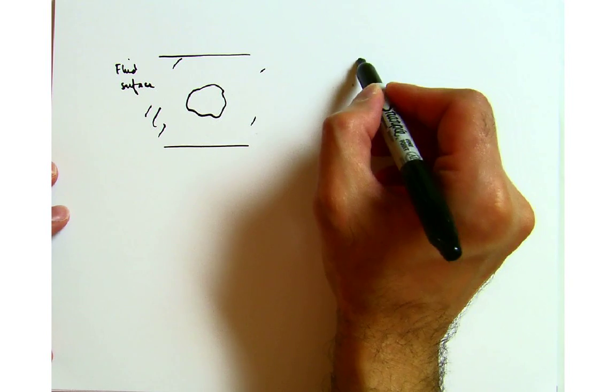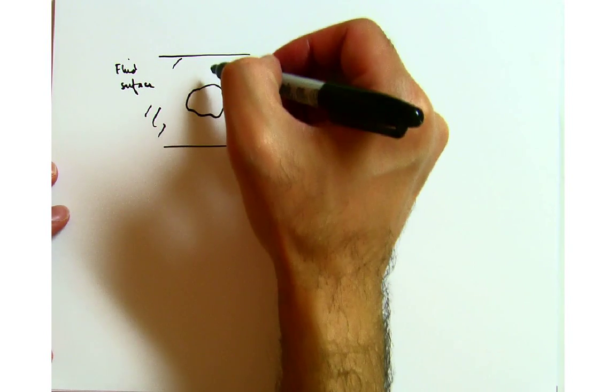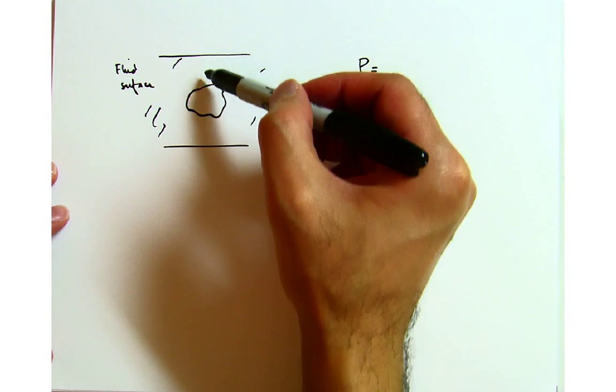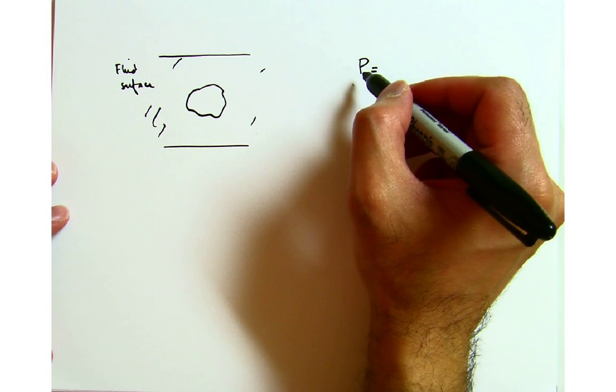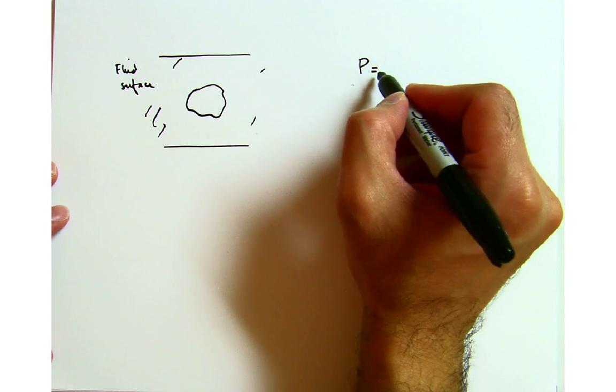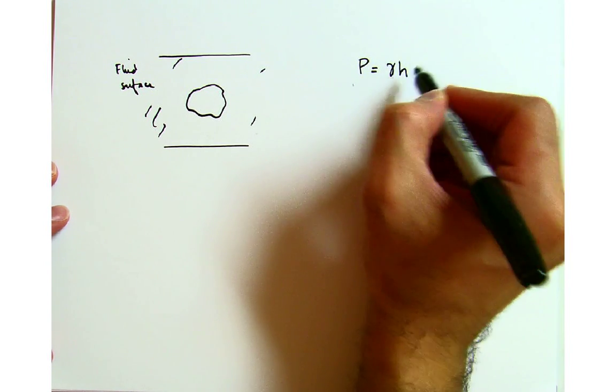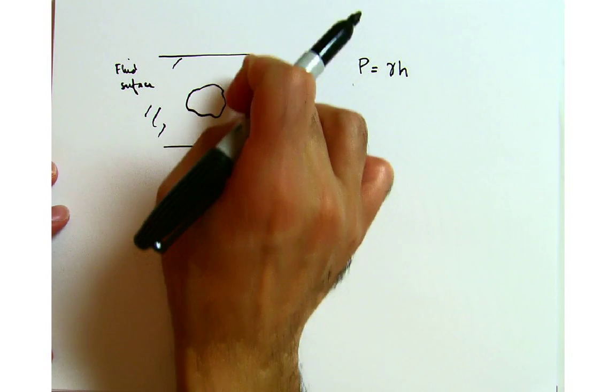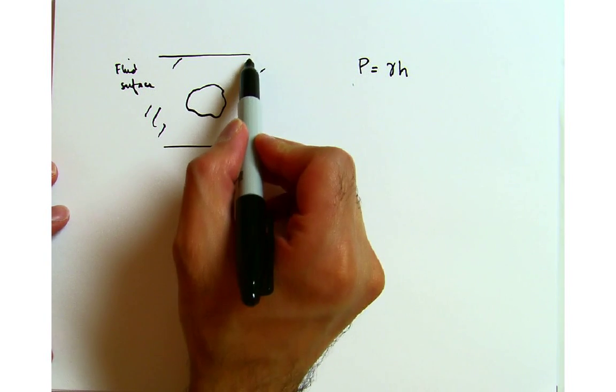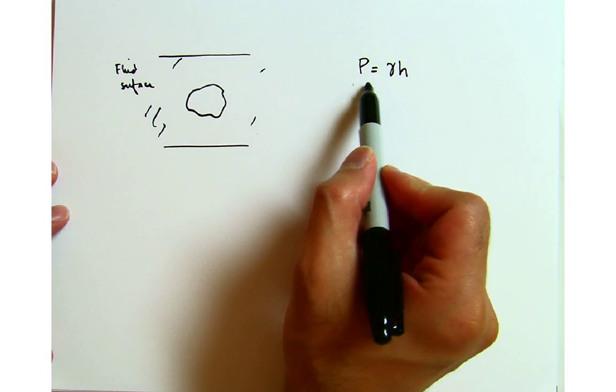The pressure in a fluid increases as we go down in the fluid, which is given by the relationship pressure equals gamma times h. As we go down, this h keeps on increasing, so the pressure will keep on increasing.